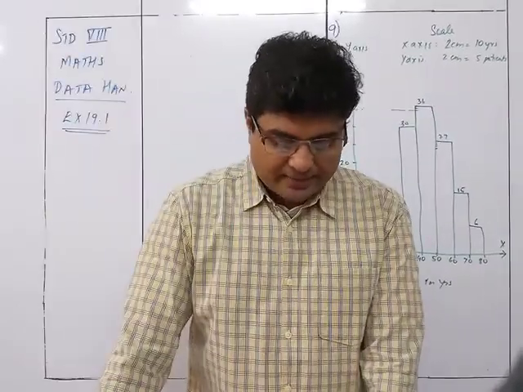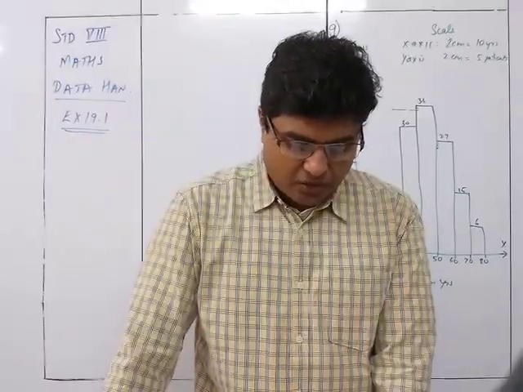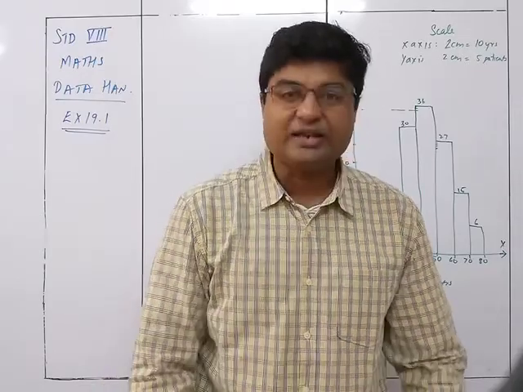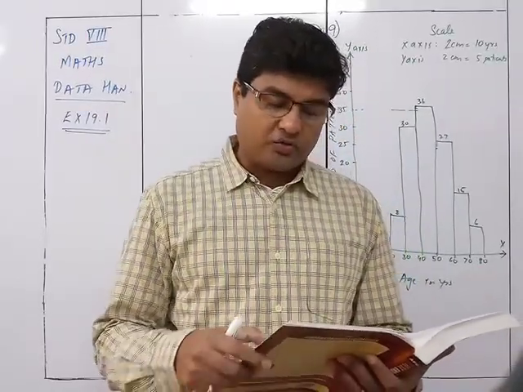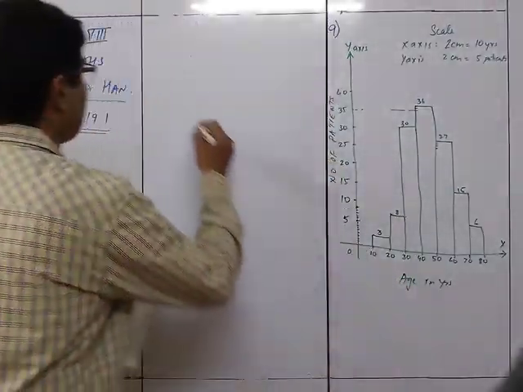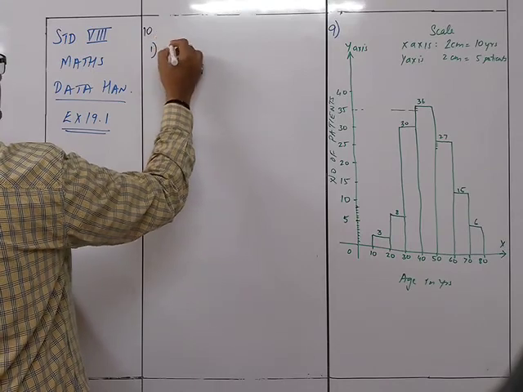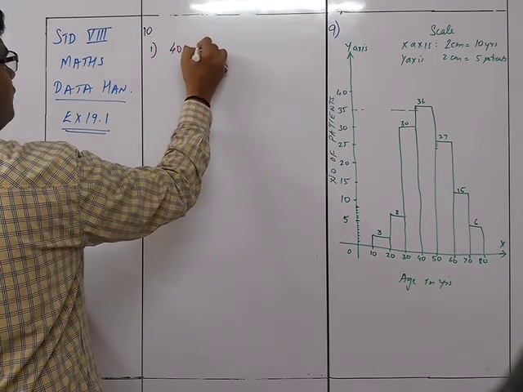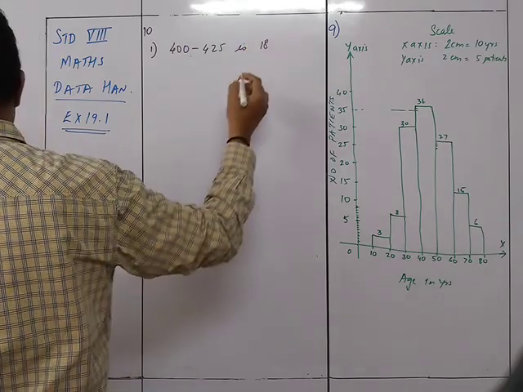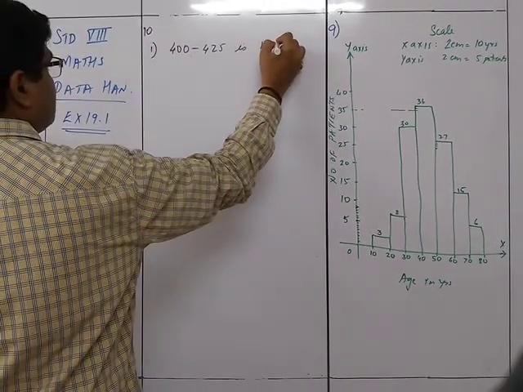The histogram showing the weekly wages in rupees of workers in the factory is given alongside. What is the frequency of class 400 to 425? So 400 to 425, you can see they are marked till 18. So the first answer is, 400 to 425 is 18. Okay, 18 workers.